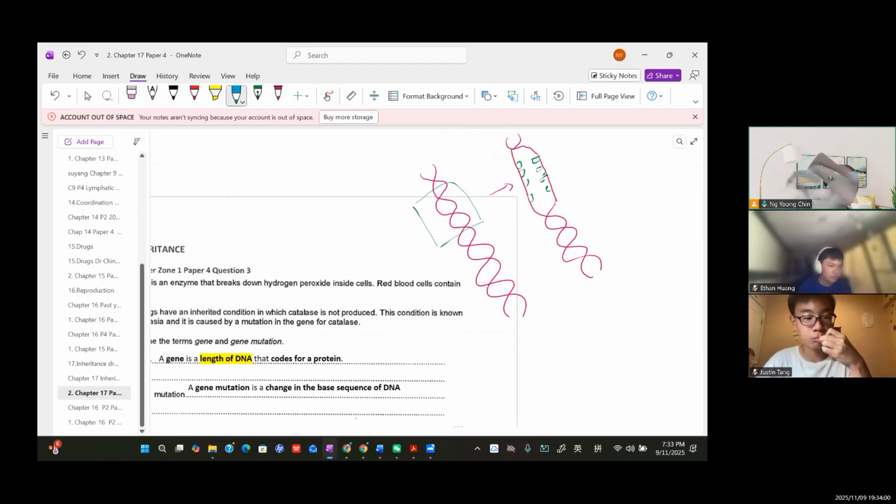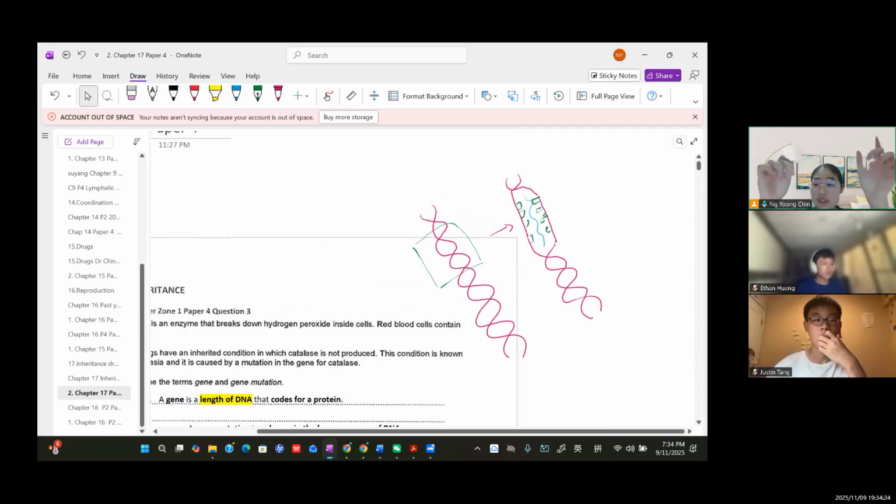So there will be a short single strand of messenger RNA being produced. What does the messenger RNA do? They just copy, it's not copying the gene, they just copy the nucleotide base sequence. So here will be the RNA, okay? What they do is form what we call complementary base pairing between the DNA and the RNA, which is A to U, okay?